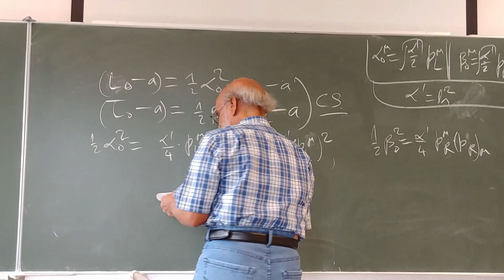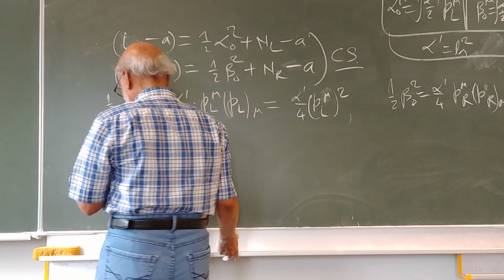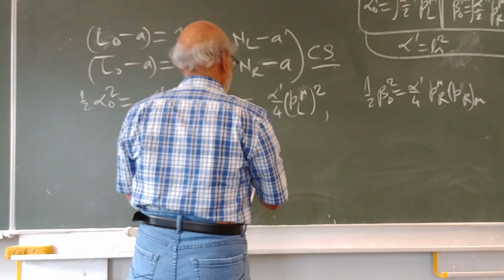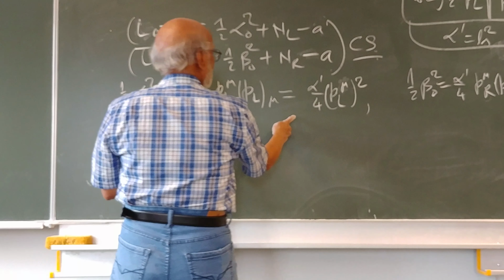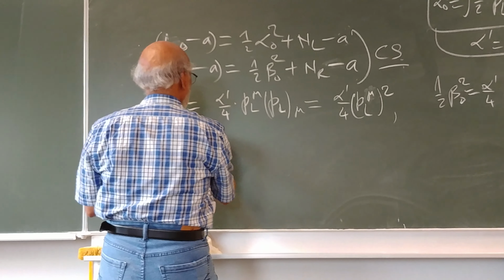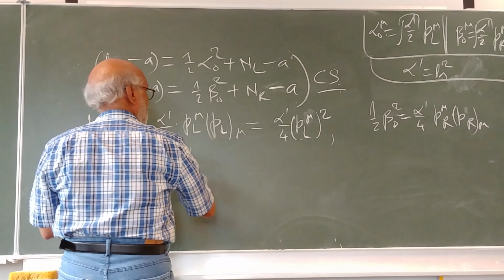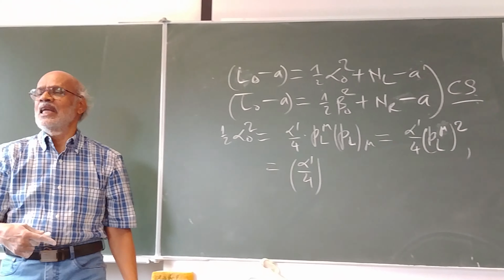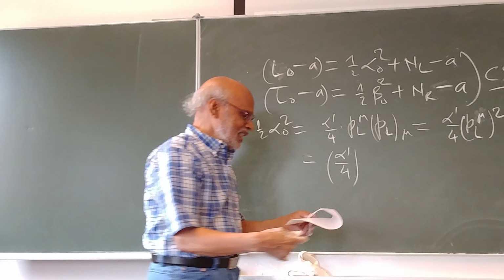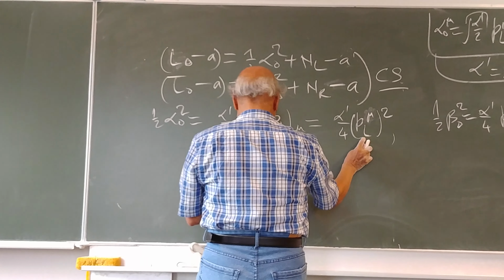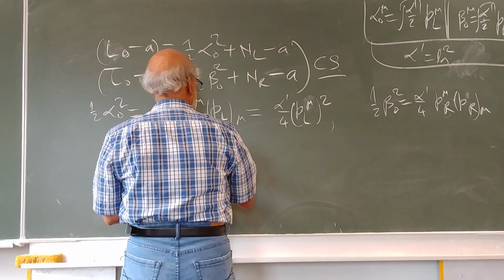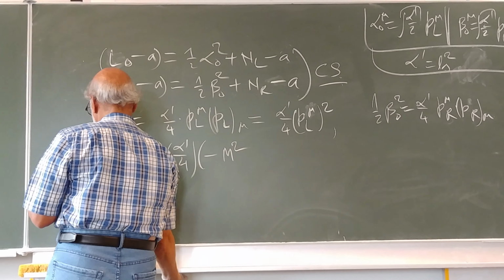Now, we know that this should be, we use the mass shell condition. The mass shell condition would give me this PL square equal to mass square.